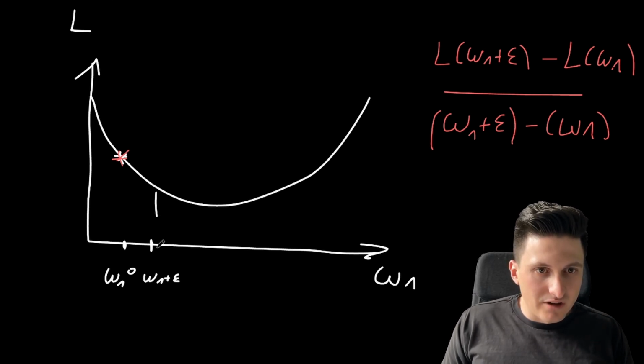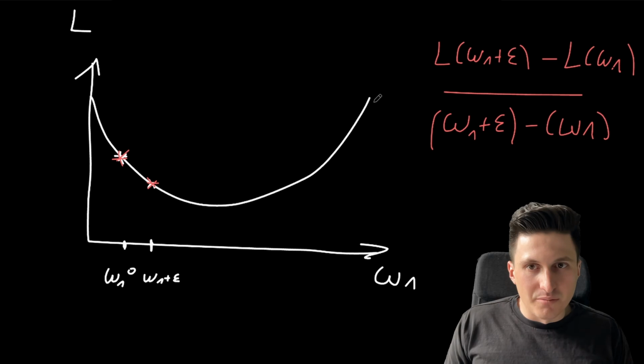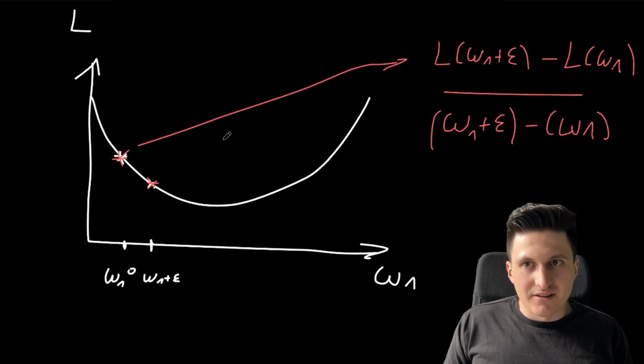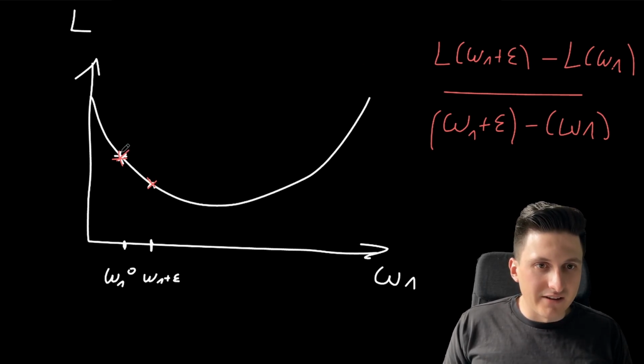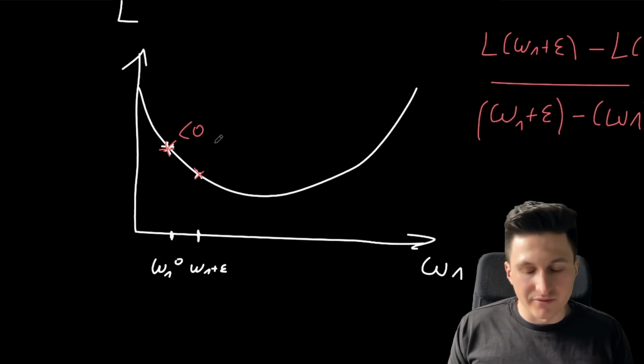You can see if we go up, we end up here on the graph, and you're basically subtracting a larger number from a smaller one. So the derivative at this point will be smaller than 0, so it's actually negative.